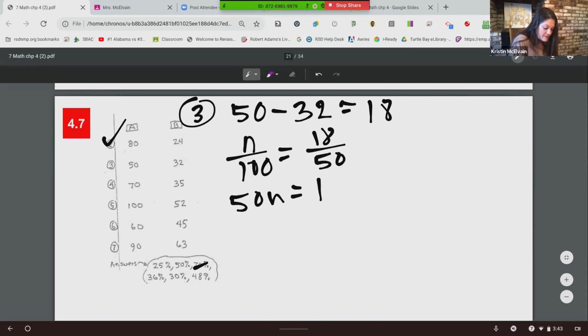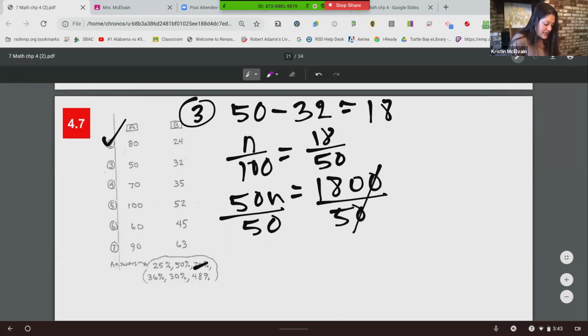50n equals 18 times 100 is 1,800 divided by 50. Oh, I am going to have to use my calculator here. Those cancel out. Well, and actually it should be 20.